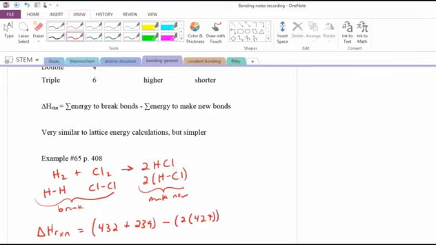So now we just do the math. So this is 671. This is 854.